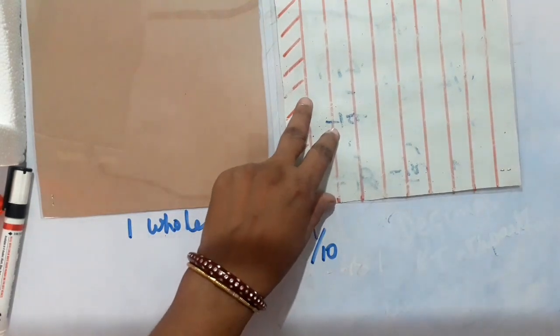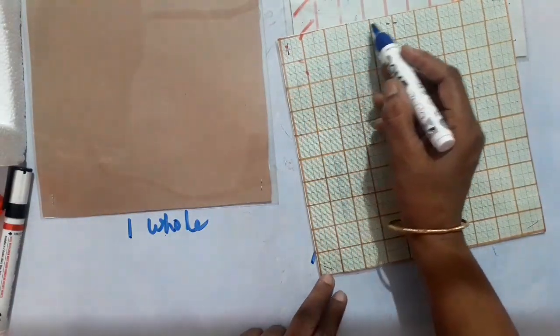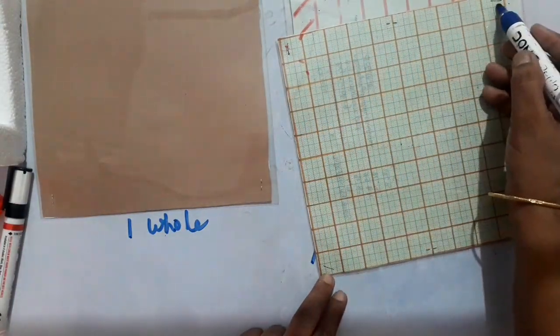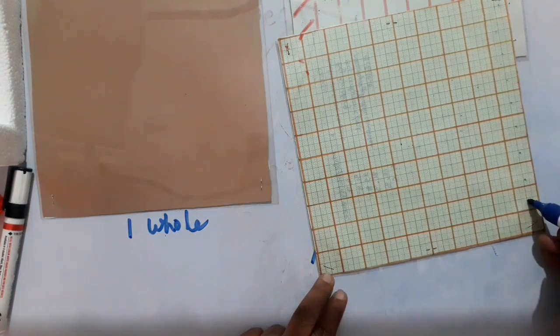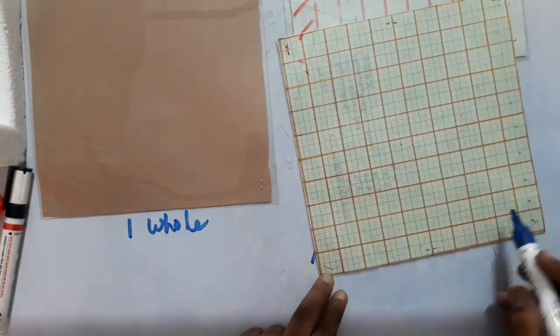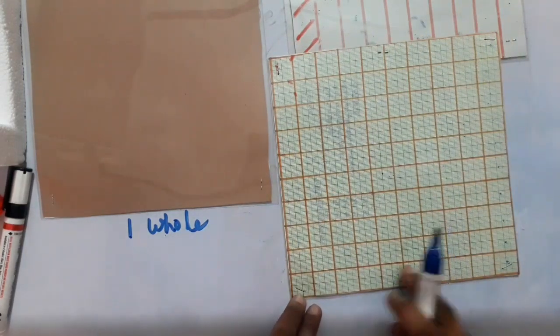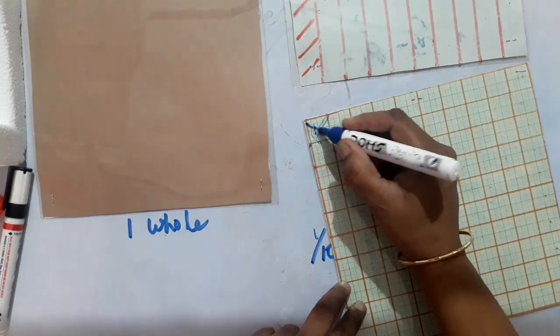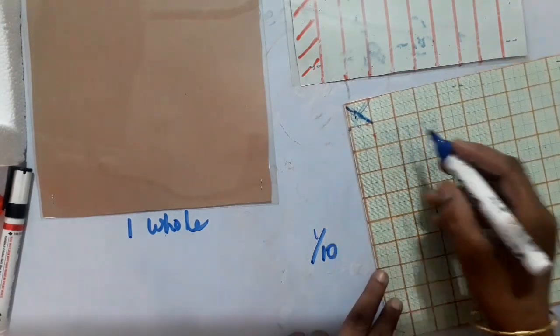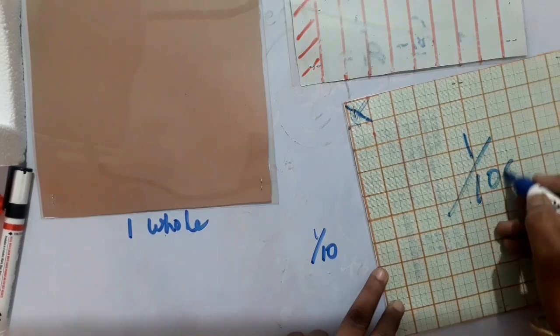If a thing is divided into 100 equal parts, 10 tens are 100, so these are total 100 parts. Out of this, if I shade only one part, then it means this is the 100th part of the whole.